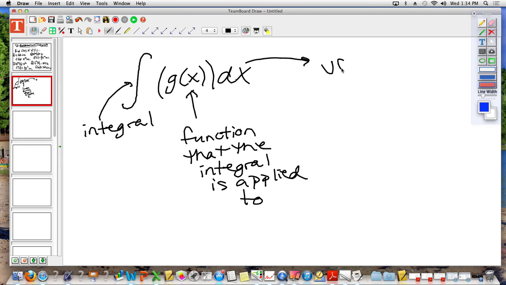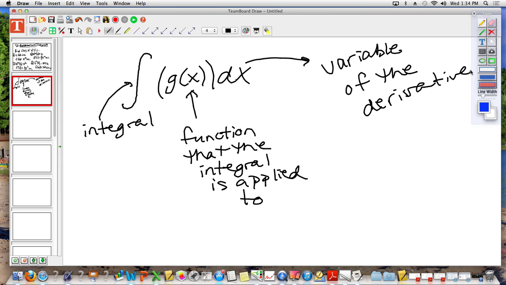So this is the variable of the derivative. And usually you will know what the variable is anyway, because the function will have an x or a t or a theta or something in it.